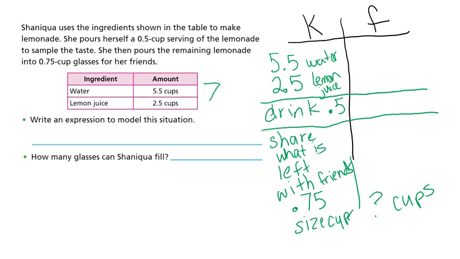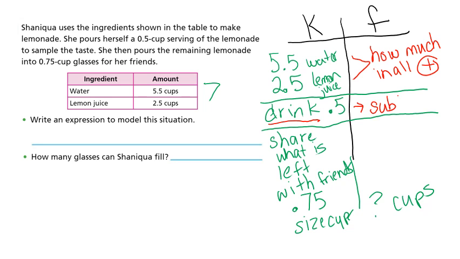So I'm thinking here, the first thing I want to know is how much does she make in all? Because she has to mix it first. So I'm going to need to probably add. Then I know that she is going to drink this much, so I'm going to have to subtract this from this answer.